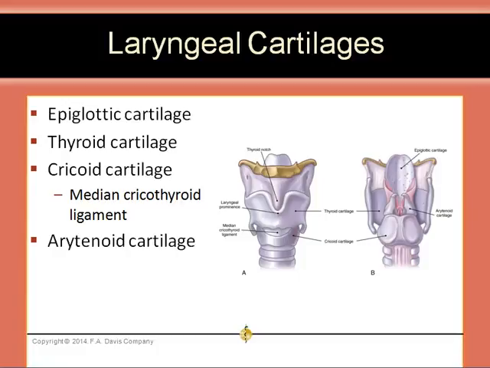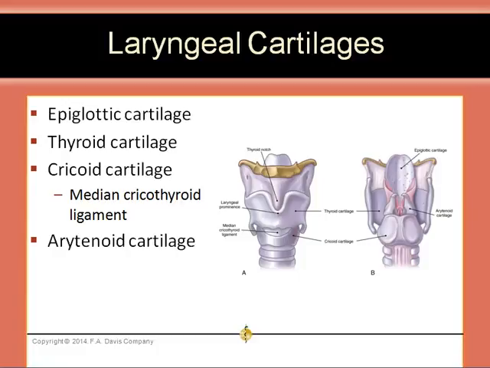This is an image of the laryngeal cartilages, which include the epiglottic, thyroid, cricoid, and arytenoid cartilage. The median cricothyroid ligament is the entrance point for an emergency airway procedure.